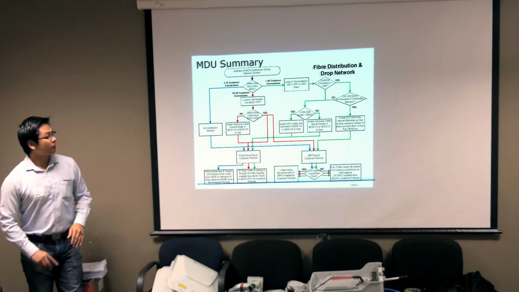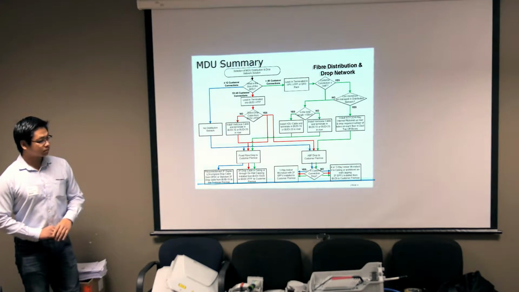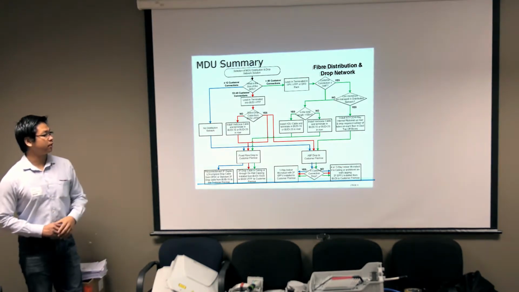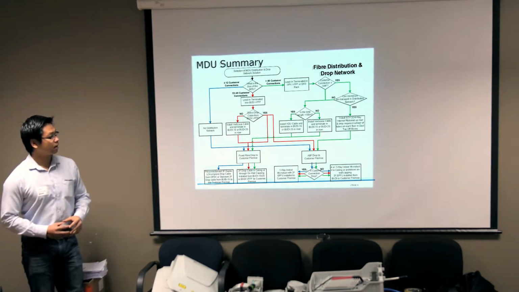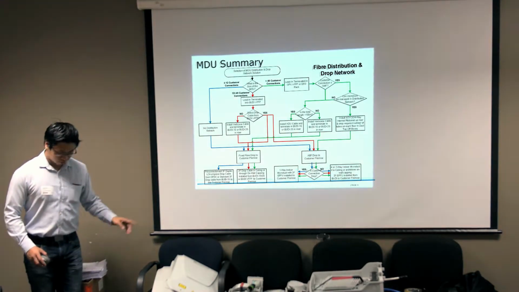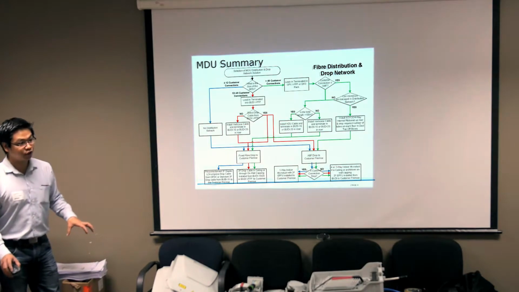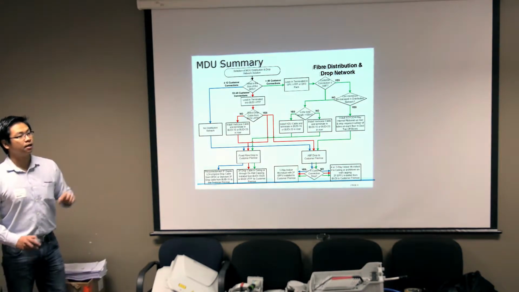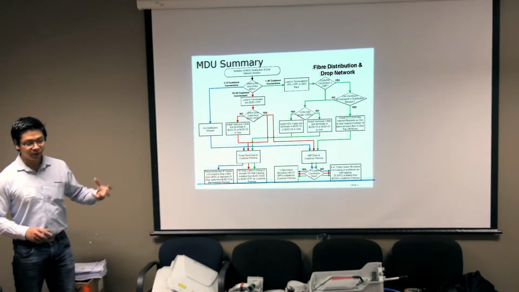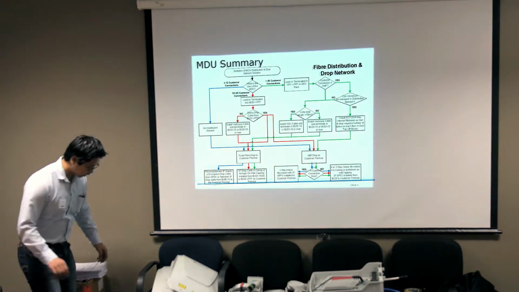Okay. So for a medium-sized MDU, your lead-in terminates into a Woody I-50, and because of the change of the Woody I-50 from the connectorized version to the spliced version, the limitation of the current Woody I-50 is changed.